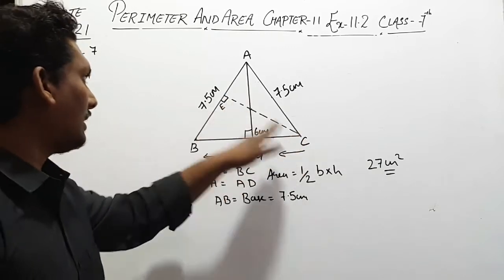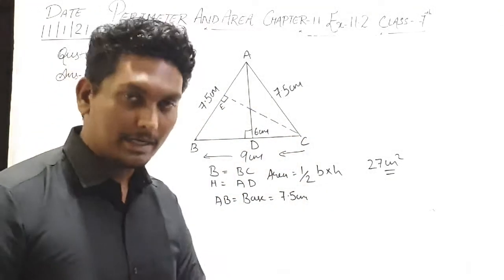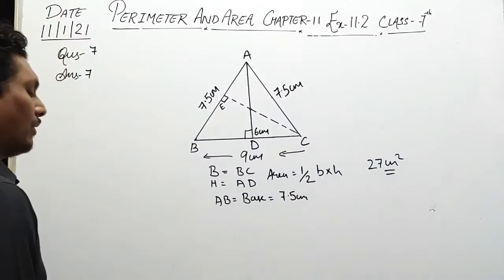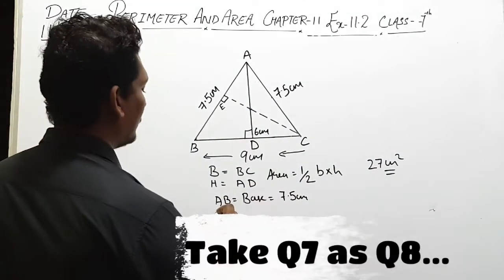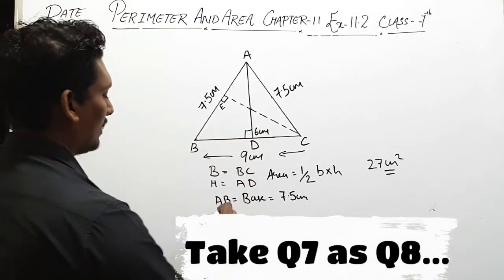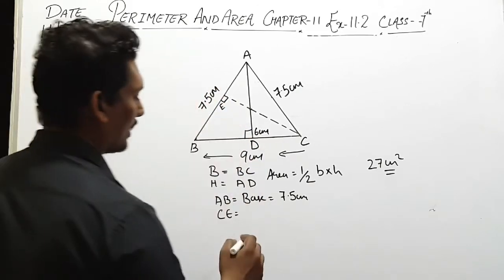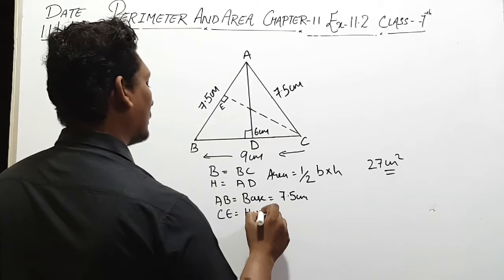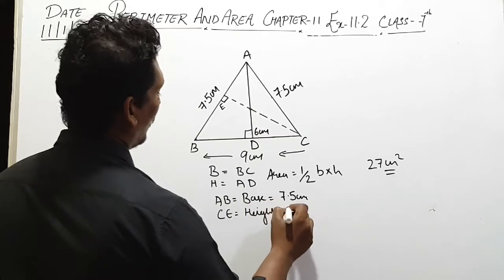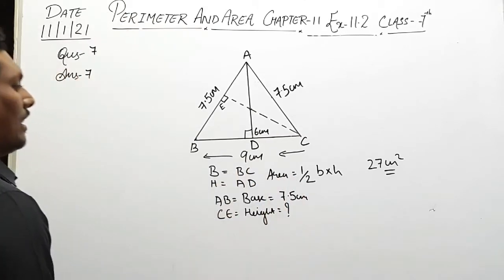Okay, suppose CE is the corresponding height. That height we have to find out. So height is not given, so I am just writing CE. Okay, for height, whatever alphabet is given here, just you can write it. So that is height, that is not given, that you have to find out.